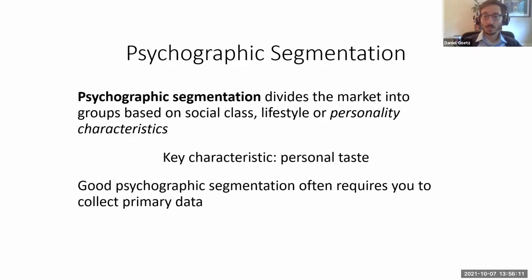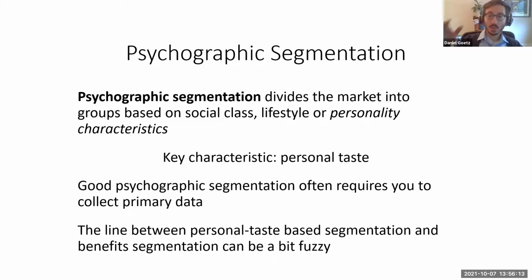And psychographic segmentation, in particular personal taste-based segmentation, the line between personal taste-based segmentation and benefits can sometimes be a bit fuzzy. The benefits that I get from something, like if I really care about safety, that might be my personal taste, versus, I really care about having a good time with my family.